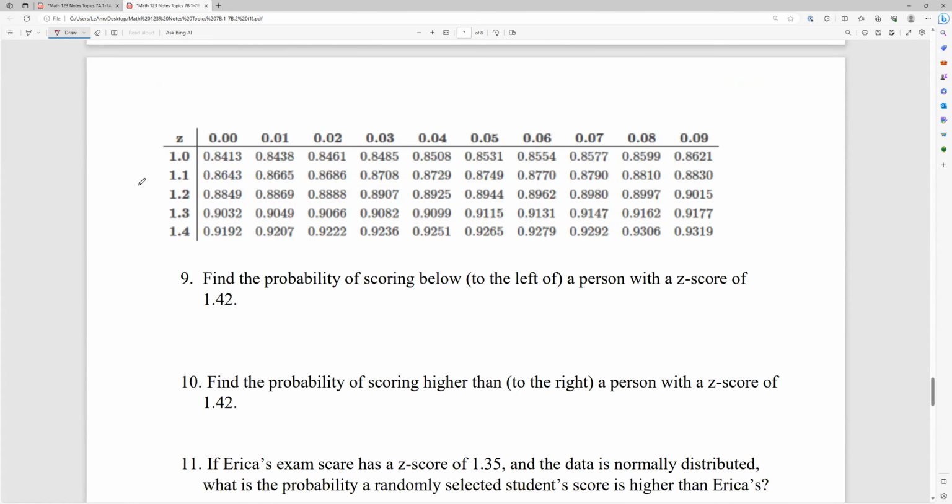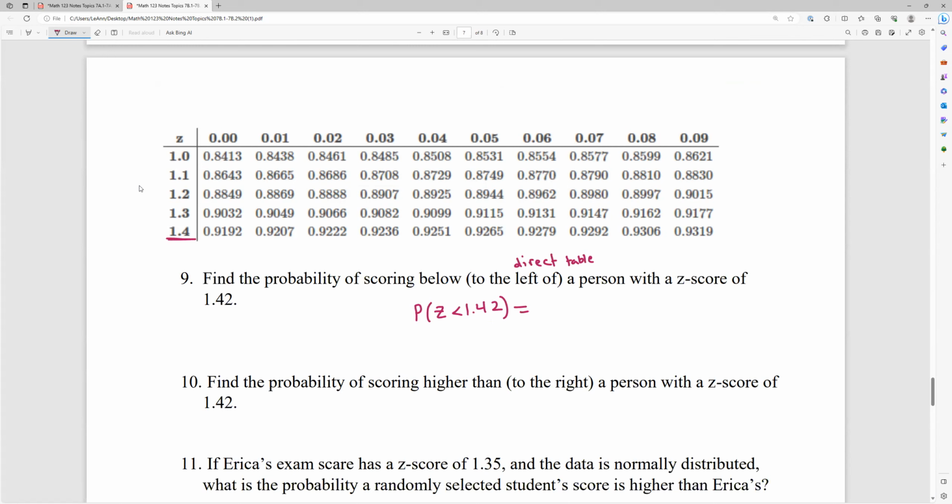For number 9, it says find the probability of scoring below or to the left of a z-score of 1.42. So to the left is less than. Less than is always directly from the table. So left is always a direct table answer, okay?